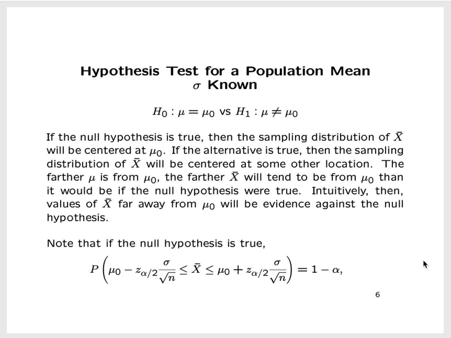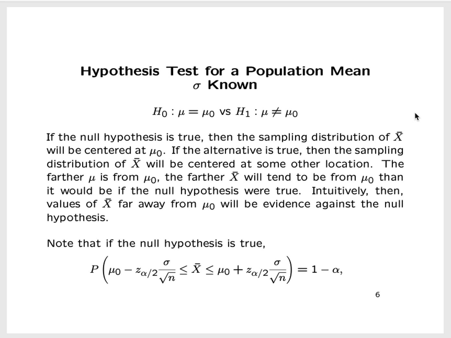Now, if the null hypothesis is true, in other words, if the mean of the population that we're sampling from is equal to the hypothesized value of mu sub 0, then the sampling distribution of x bar will be centered right at mu sub 0. Mu sub 0, in that case, will be the mean of the sampling distribution of x bar.